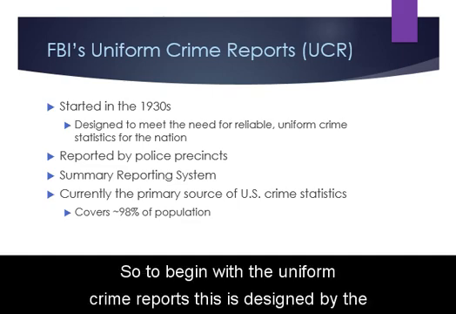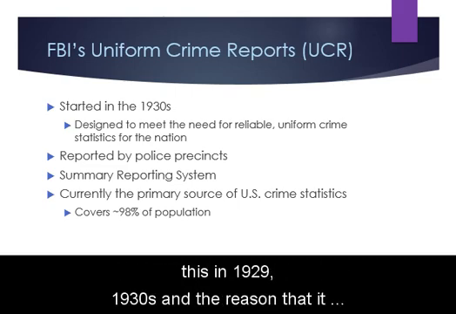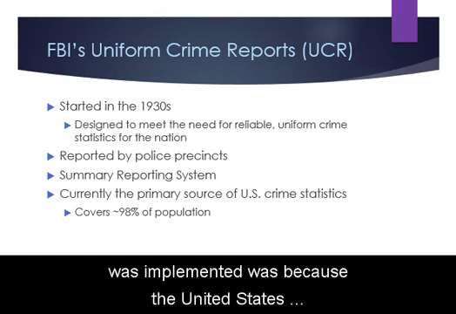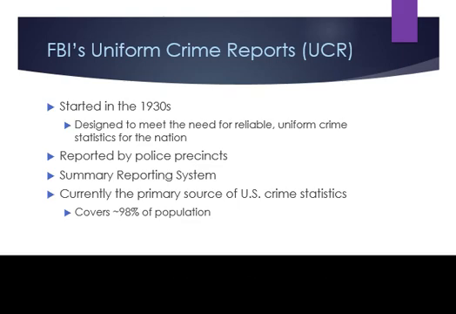To begin with the Uniform Crime Reports, this is designed by the FBI, the Bureau of Justice Statistics, had implemented this in 1929, 1930s. The reason that it was implemented was because the United States wanted a reliable way to measure crime.